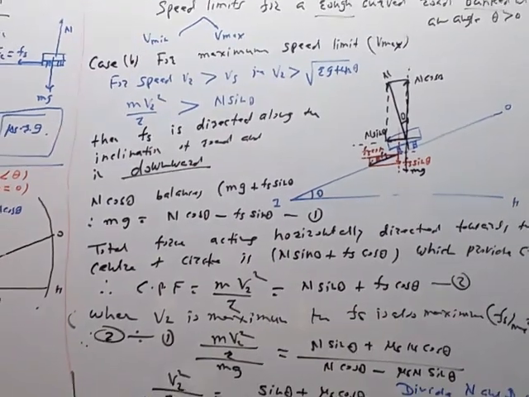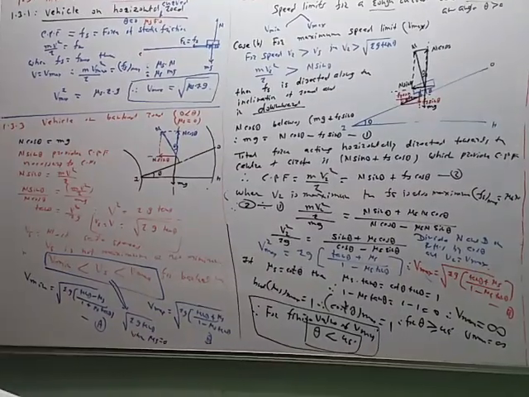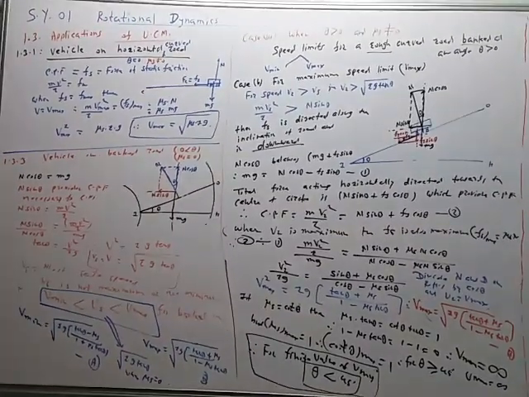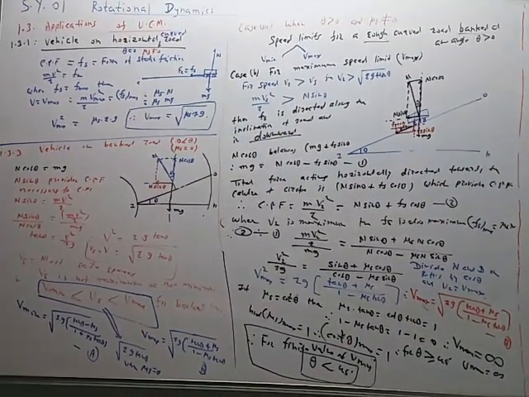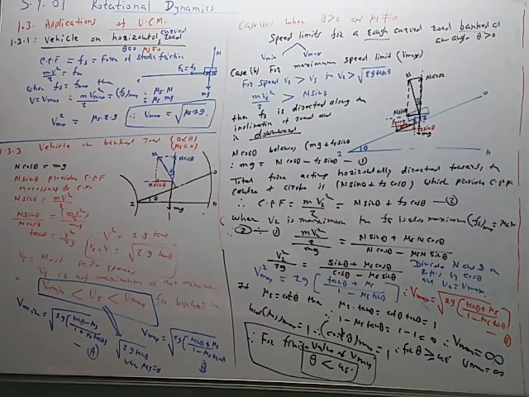Okay, we will stop here. Next we will see the case of the conical pendulum, and then we will go for vertical circular motion. So horizontal circular motion and vertical circular motion, these are the 2 main types. Horizontal circular motion we have mostly completed. Only one case of conical pendulum is remaining.